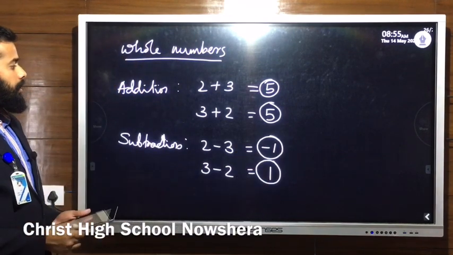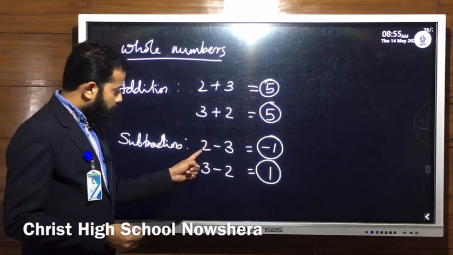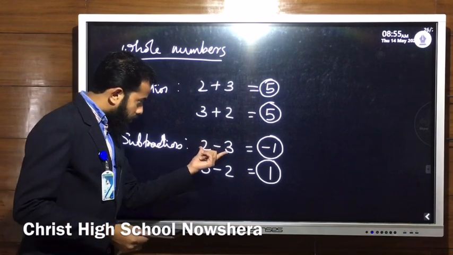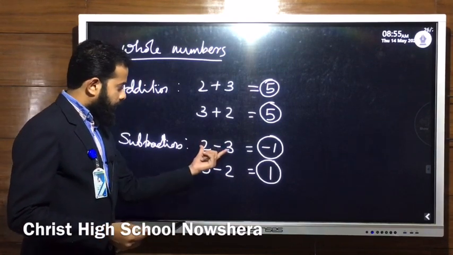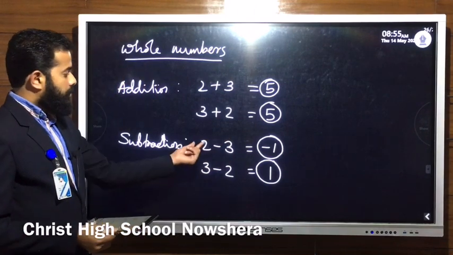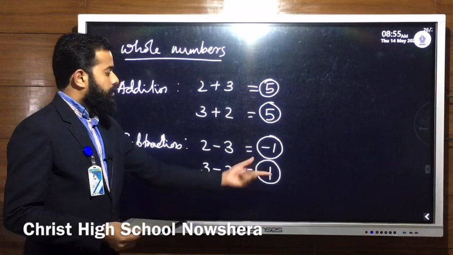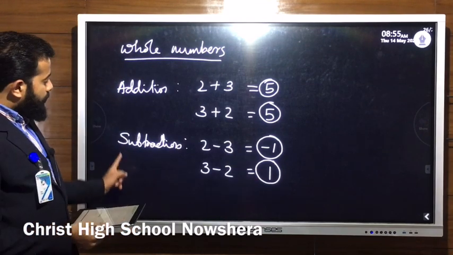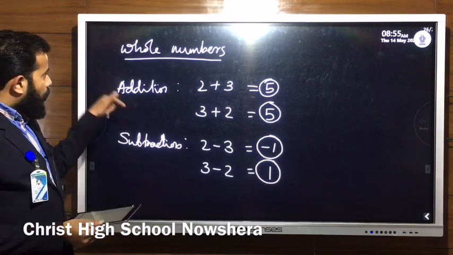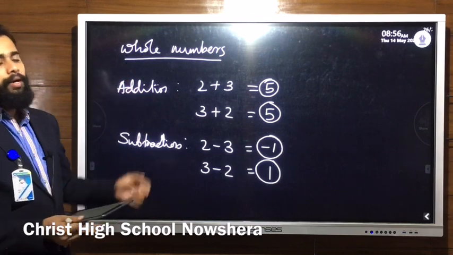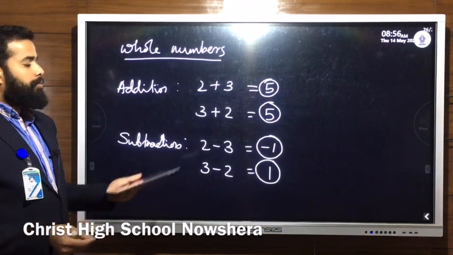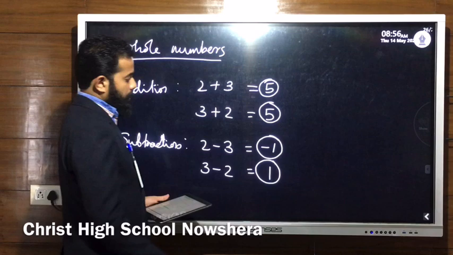Minus 1 and plus 1 are different. Here 2 and 3 are whole numbers, and we are interchanging them. First one, 2 minus 3, is minus 1. Next, 3 minus 2, is 1. So in subtraction, the whole numbers are not obeying the commutative property. One example we have seen.